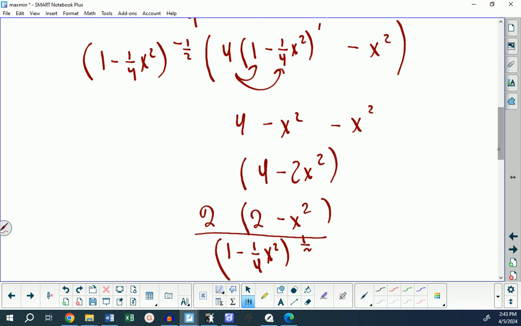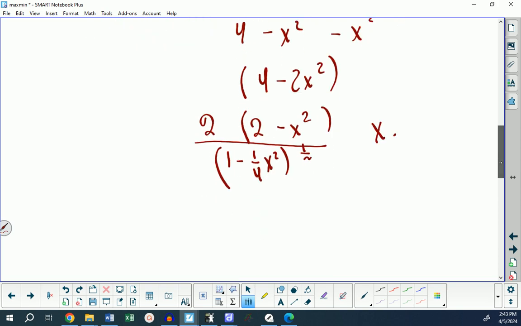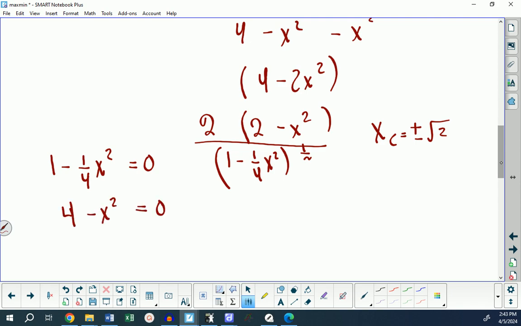Which means I have critical values of x of plus or minus root 2 for the numerator. And if I take 1 minus 1/4 x squared and set it equal to 0, multiplying both sides by 4, I have critical values of x of plus or minus 2.